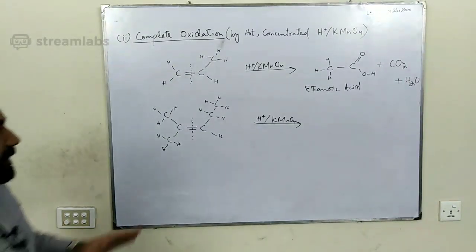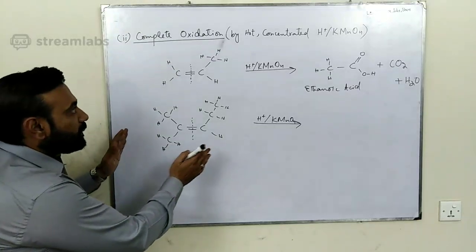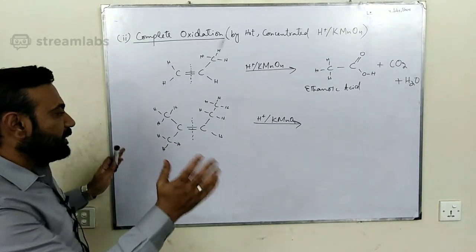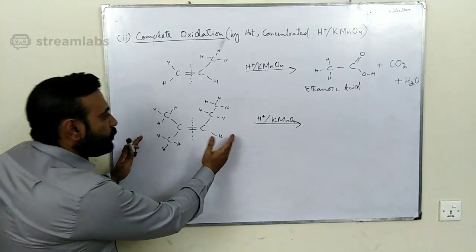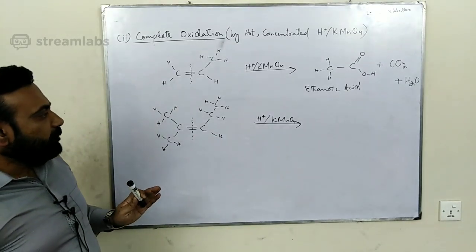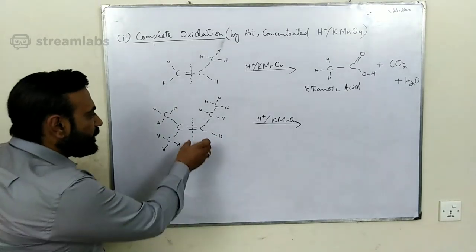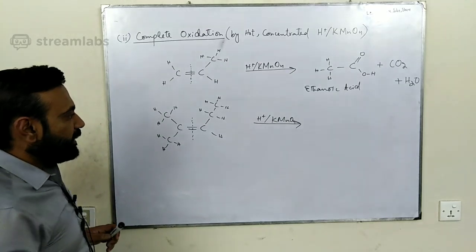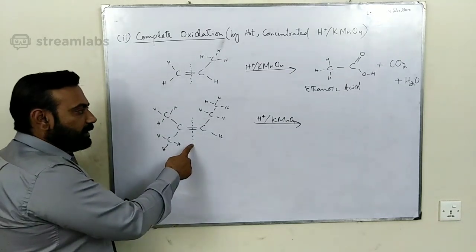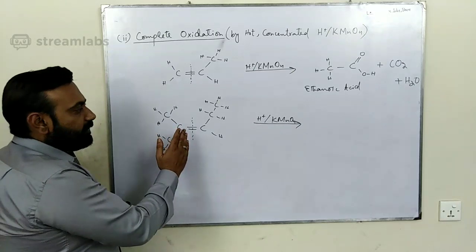Alright, now coming back to the complete oxidation by hot concentrated acidified potassium manganate of this molecule. This is 2-methyl pent-2-ene. Now again, this molecule has two different sides. When we break both the bonds of the double bond, we have two different sides.